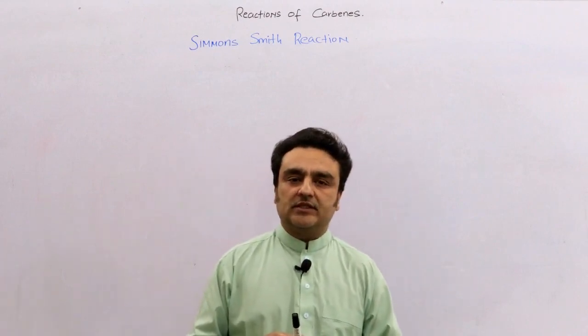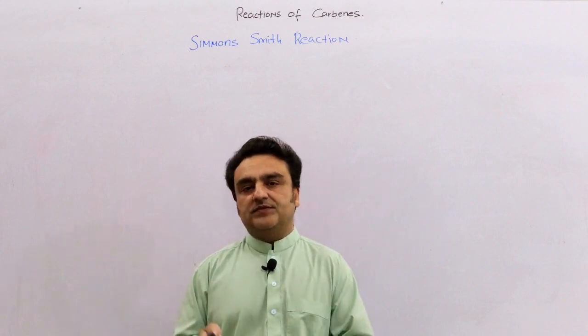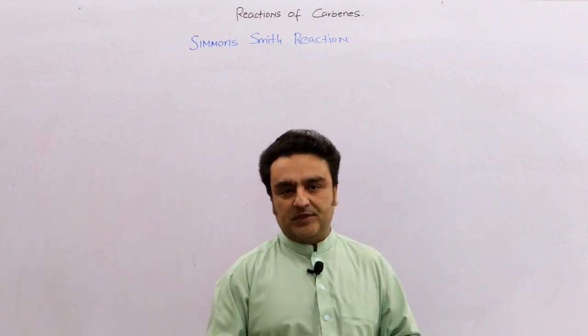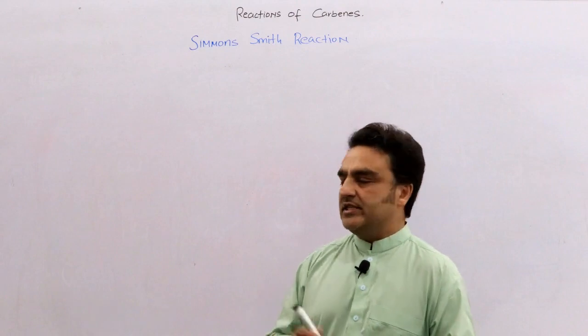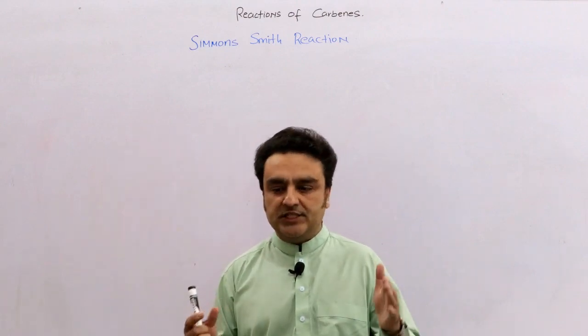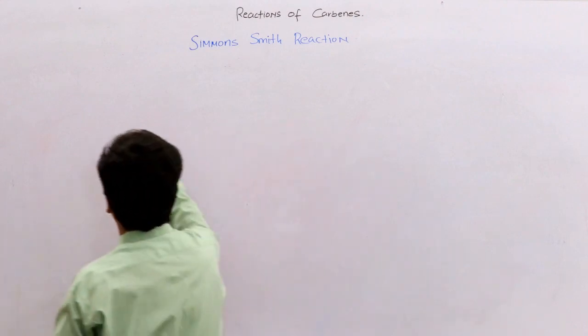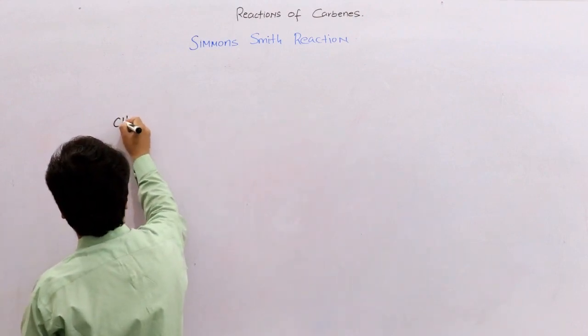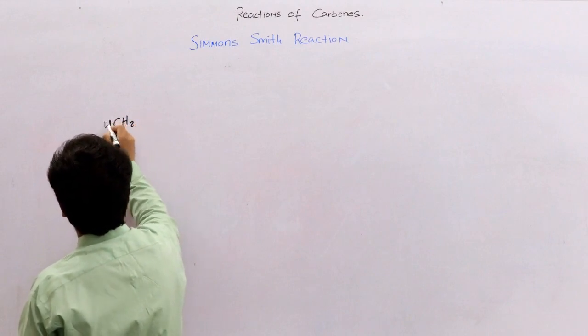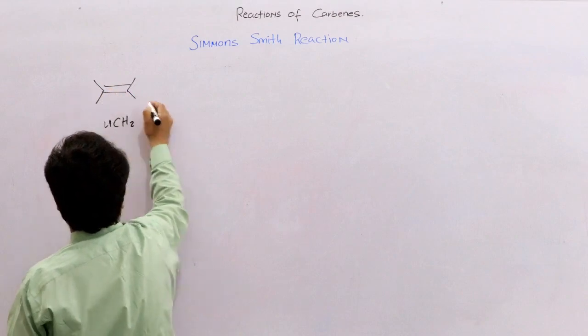Today we will be studying reactions of carbenes, and again a particular and very important reaction, the Simmons-Smith reaction, as we are studying the addition of carbenes across the double bond. This was a carbene, say a triplet or singlet, and this is some sort of double bond.